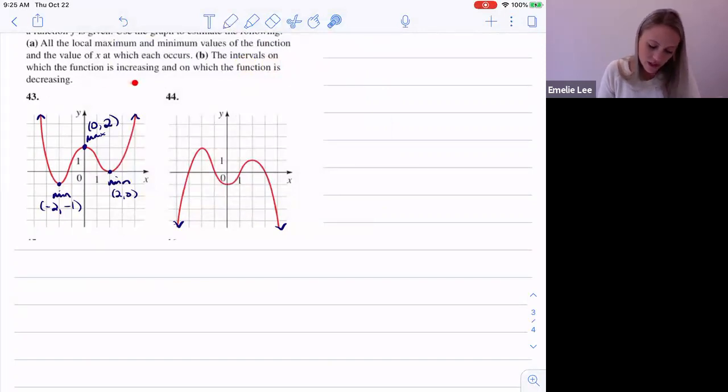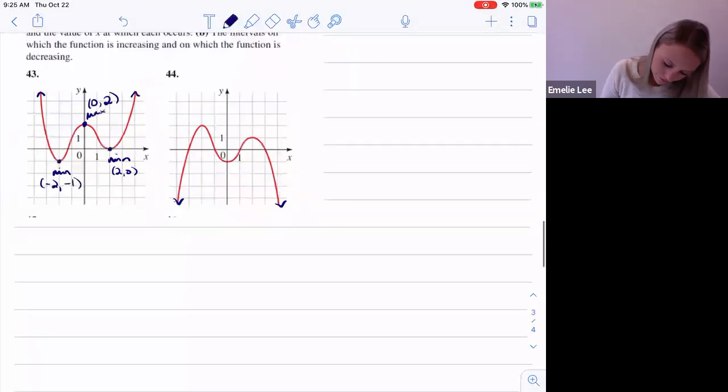The intervals on which the function is increasing and on which the function is decreasing, right? So it's increasing here, decreasing, increasing, decreasing, increasing. Okay.